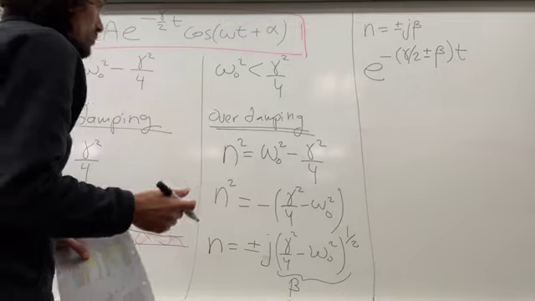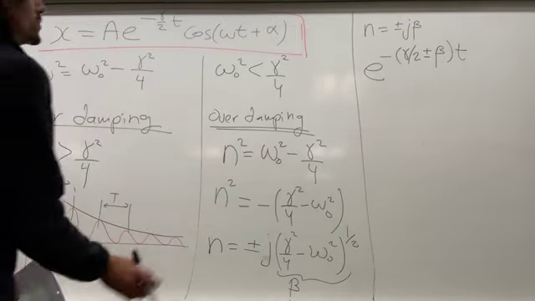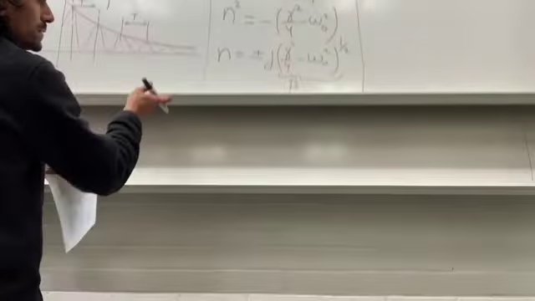So the final solution for x would take the form, and this is the special case when we have overdamping. So we are still with overdamping, very large damping.